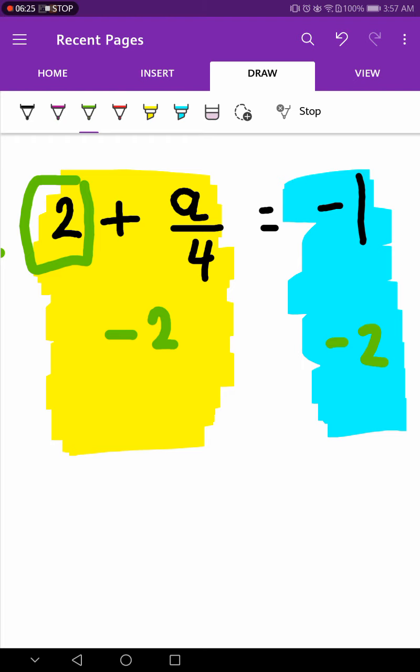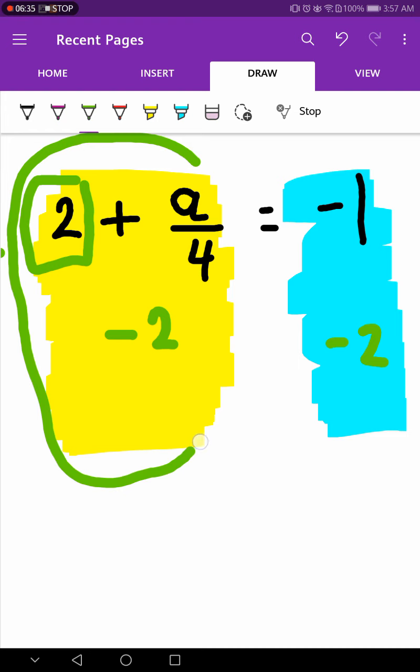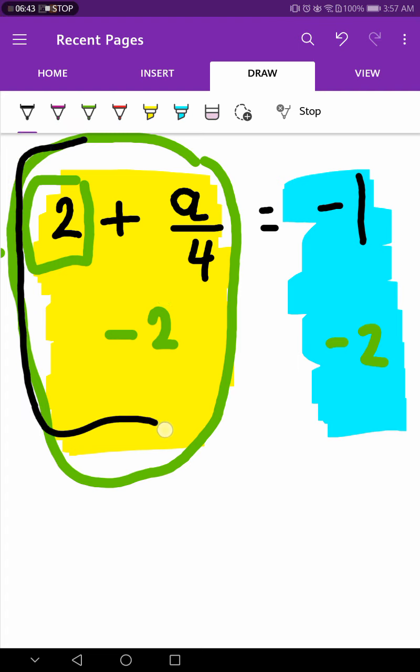Then you eliminate the number that is multiplied or divided by. My boys, don't be confused. So after I did this step, I canceled this part.